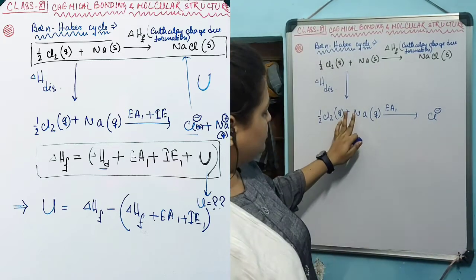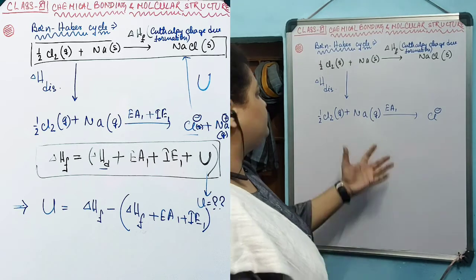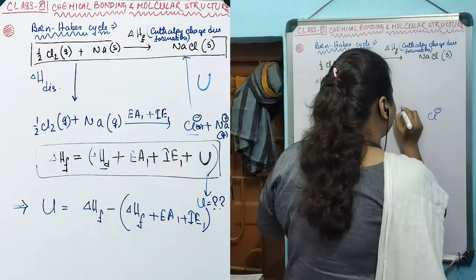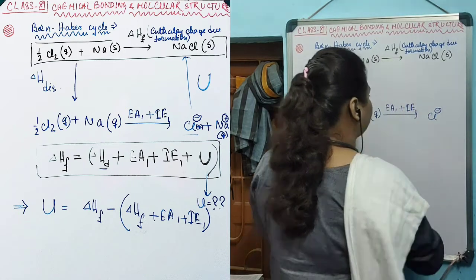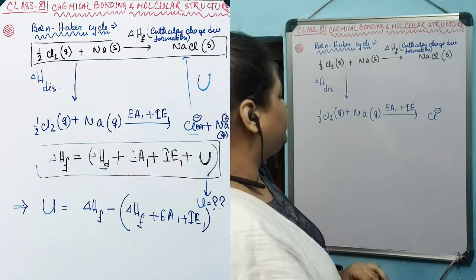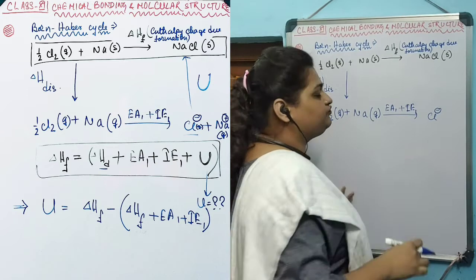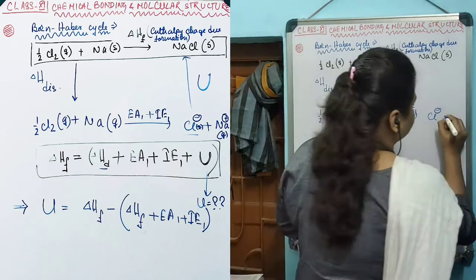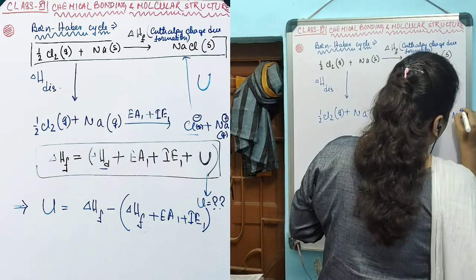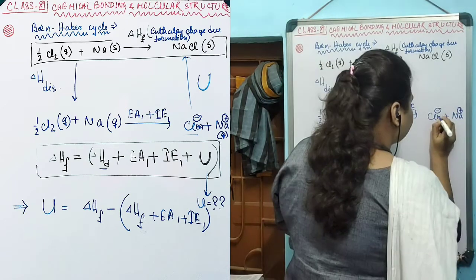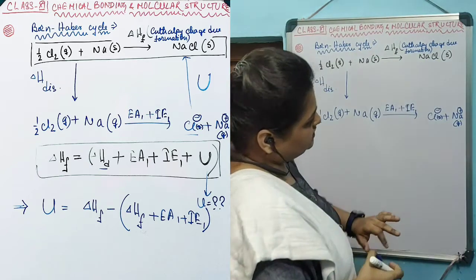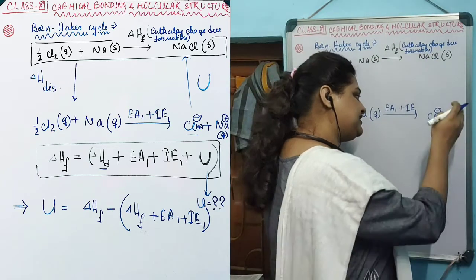Sodium in the gaseous state will release one electron, and you need to provide ionization enthalpy in this step, so that one electron from the valence shell of the sodium is released and, as a result, Na plus is produced. Cl minus is produced in the gaseous state and Na plus is also produced in the gaseous state.